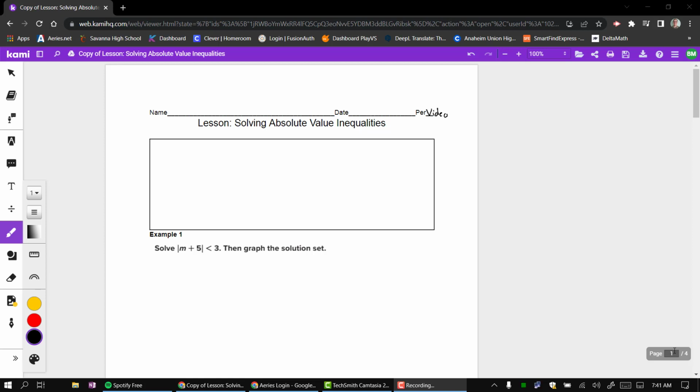So let's start off with a learn. When solving absolute value inequalities, there are two cases.